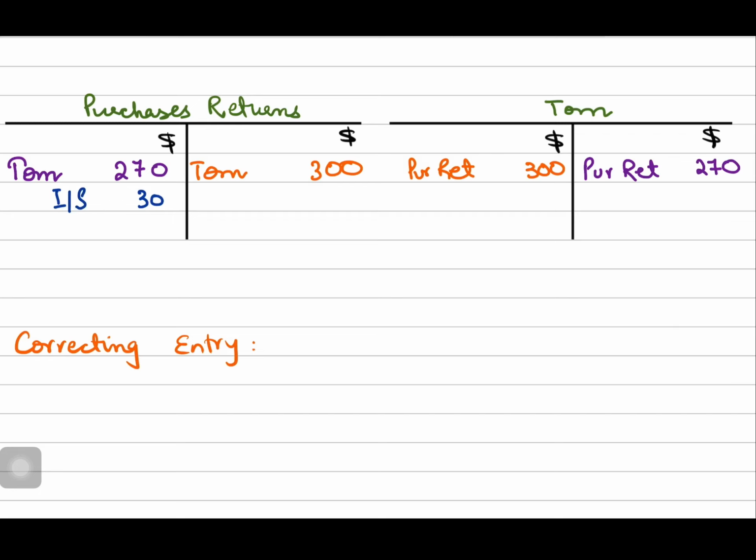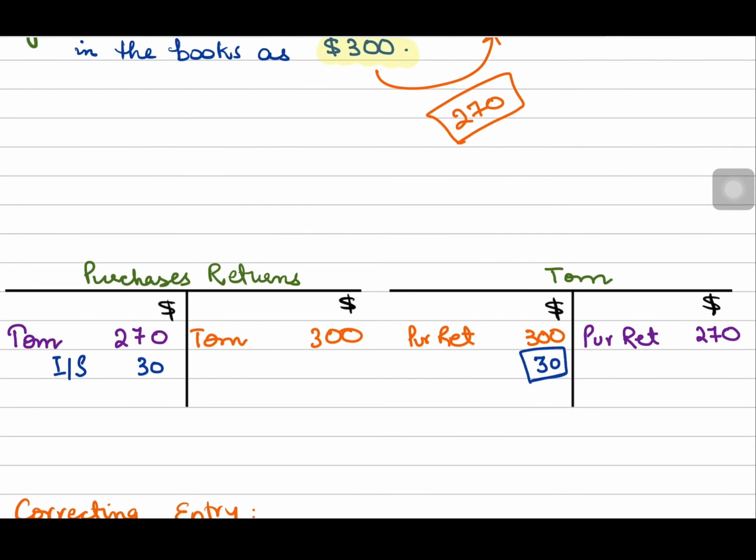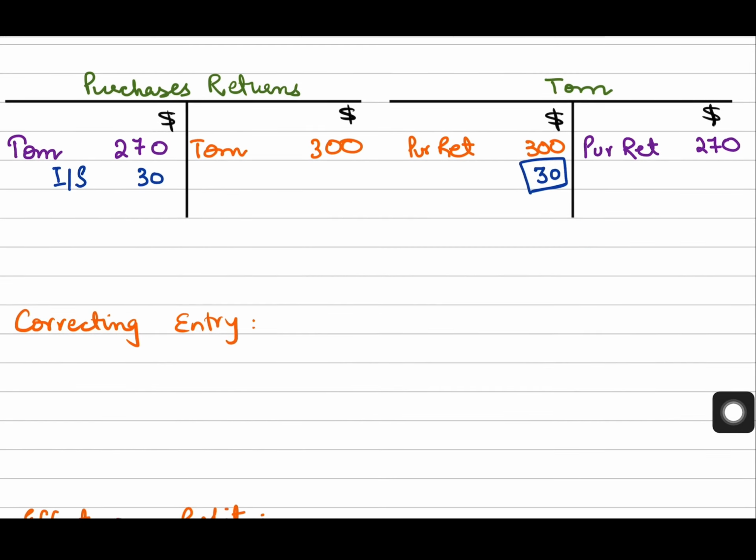And in this account as well, this 270 will be subtracted from 300, which will show $30 on the debit side, the original value of the transaction that was for purchases returns, right? So now the correcting entry will be purchases returns will be debited by 270 and Tom will be credited by 270 as well.